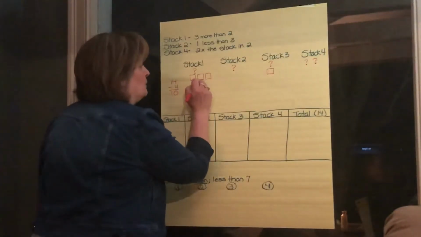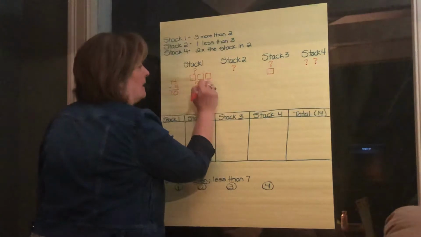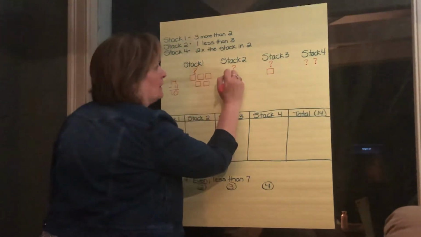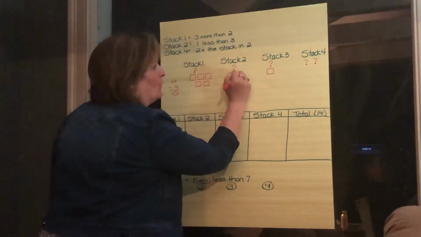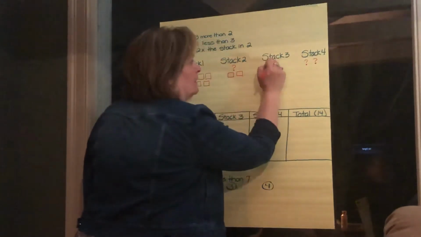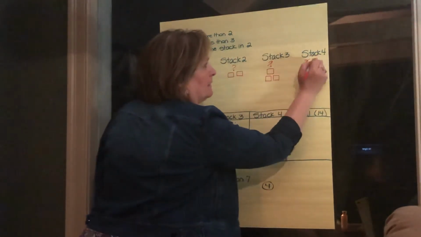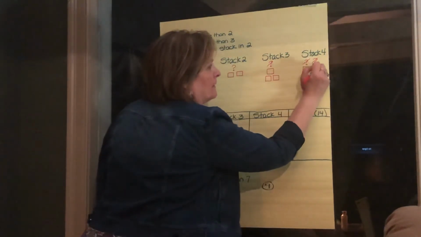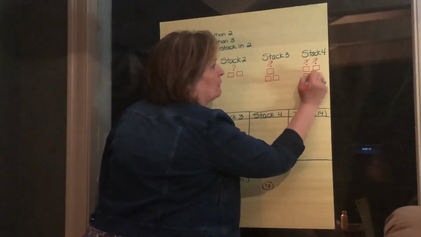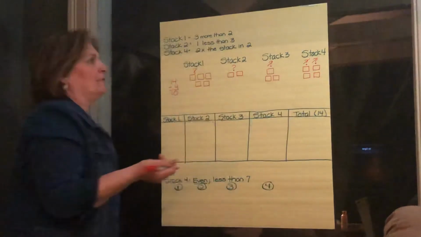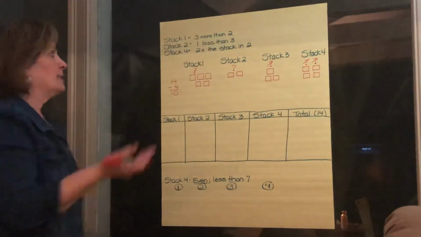So I put the 2 blocks in, and I got to cross out the question marks after I put those 2 blocks in. And then all that was left was that I have to count up the blocks in each stack.